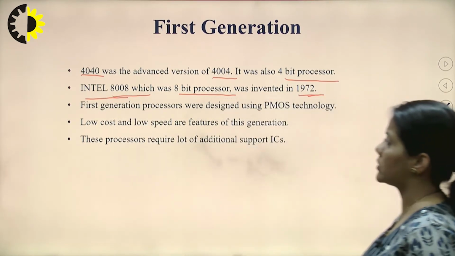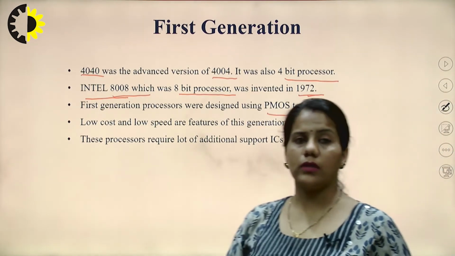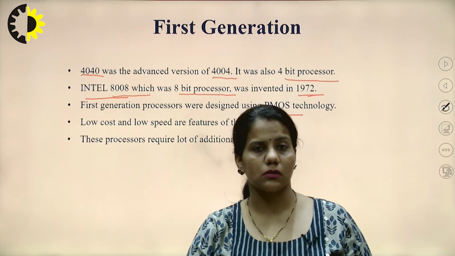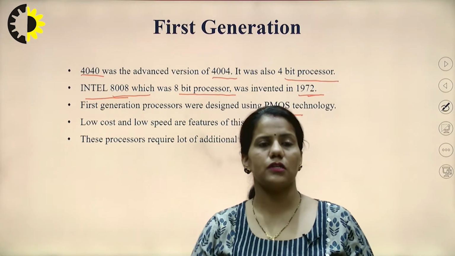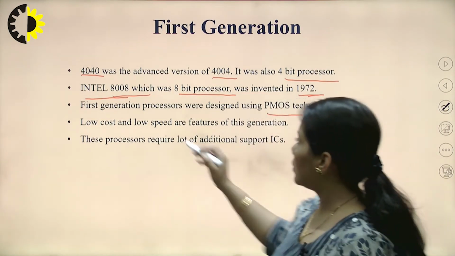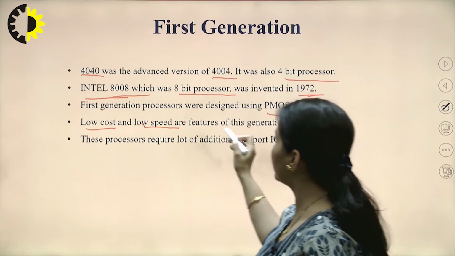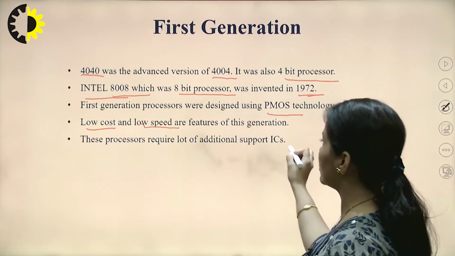First generation processors were designed using PMOS technology. We all know that among PMOS and NMOS technology, NMOS is faster. So this first generation is made up of PMOS technology. Low cost and low speed are the features of this generation. These processors require a lot of additional support ICs.